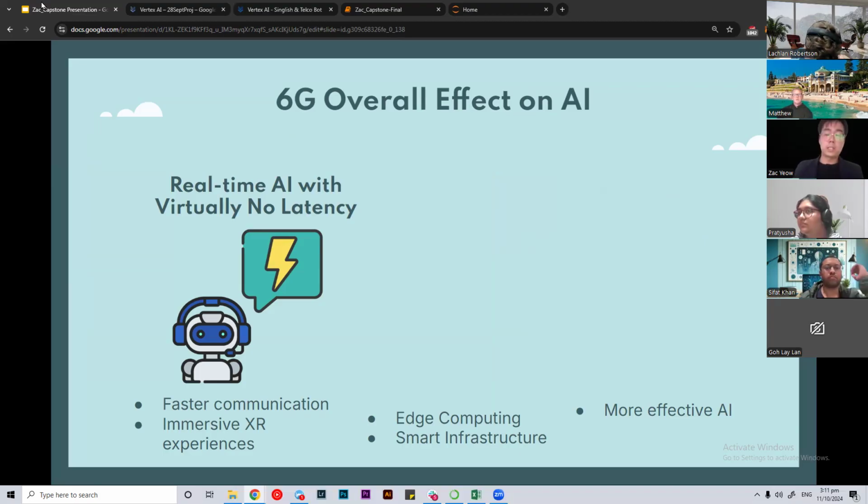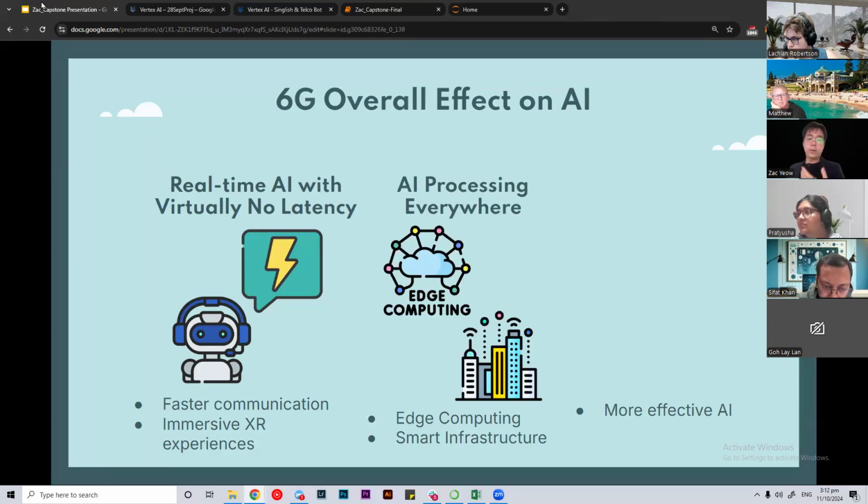Just like the telesurgery I talked about just now, it will allow even faster communication between devices and AI systems. That can also make immersive VR or augmented reality experiences even better, because those experiences need a lot of data sent through. Not just gaming platforms, but education on VR systems or even therapy could also be done.